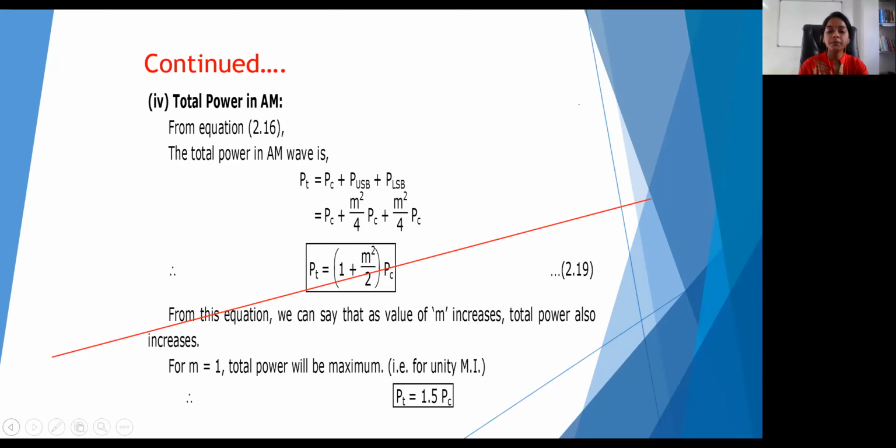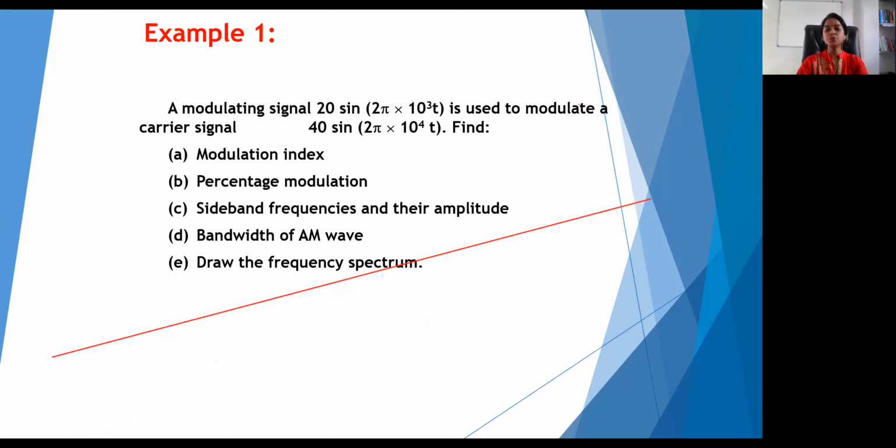So if m is equal to unity, it means m is equal to 1. m is equal to 1 happens when 100% modulation is there. So for that, total power is equal to 1.5 multiplied by the power of the carrier. Is it okay?